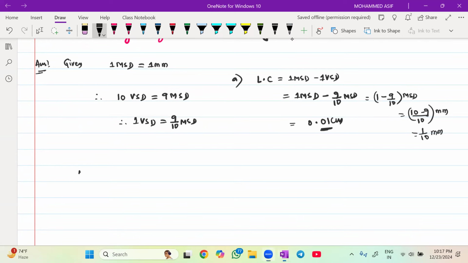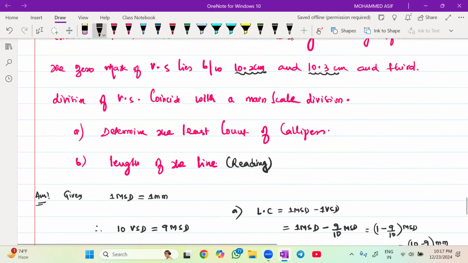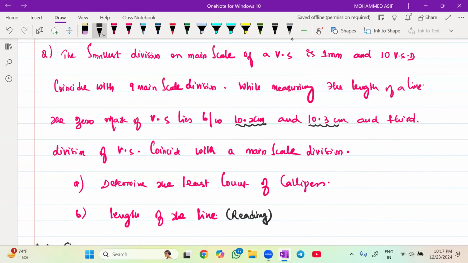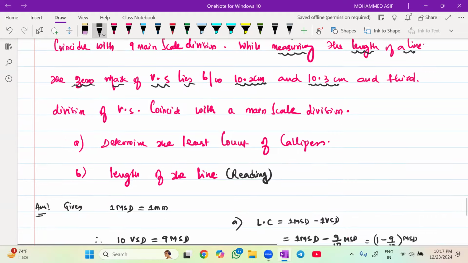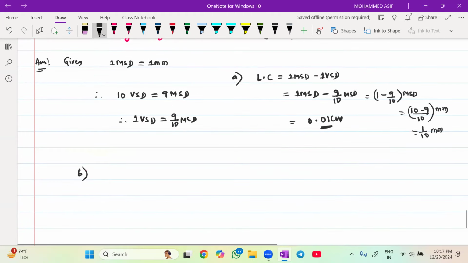Part B. So what is the second question right now? Can anyone give me the answer? The second question is telling that, while measuring the length of the line, the zero mark of the Vernier scale lies between 10.2 and 10.3. I'll help you out with the diagram.